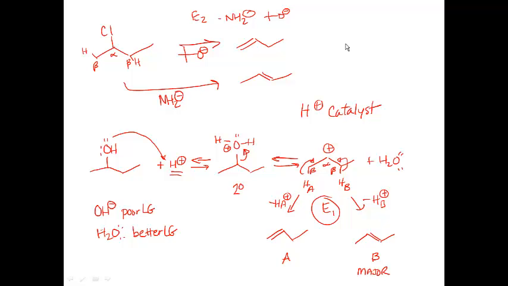So H plus is a catalyst. It speeds up the reaction. If you just take an alcohol and you heat it, I suppose you might get a little bit of elimination, but you'll get it a lot faster if you add H plus. Okay. Now, H plus in dehydration reactions then is a catalyst.